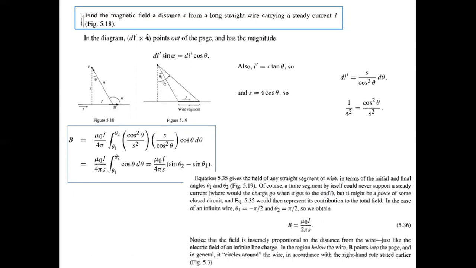So the field is inversely proportional to the distance from the wire, just like the electric field of an infinite line charge. In the region below the wire, B points into the page, and in general it circles around the wire in accordance with the right-hand rule stated earlier.